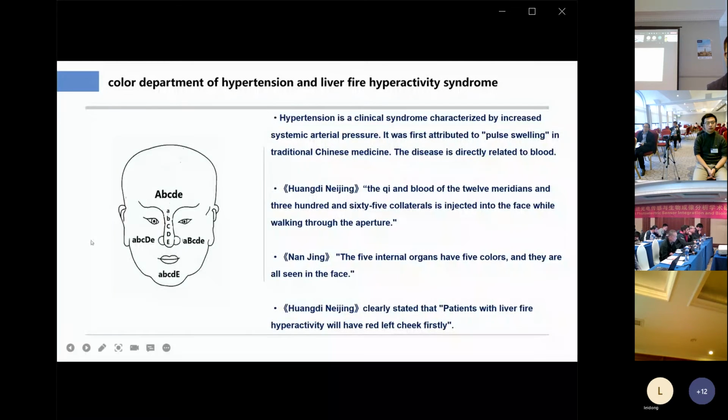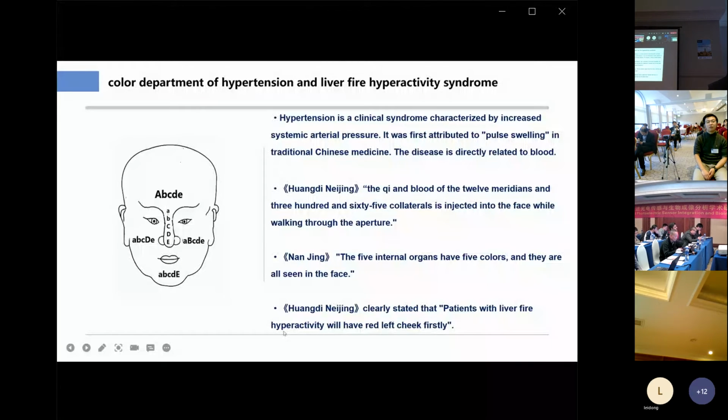According to the ancient literature, we can say the left cheek contains more liver information than other parts when the TCM syndrome is liver fire hyperactivity.